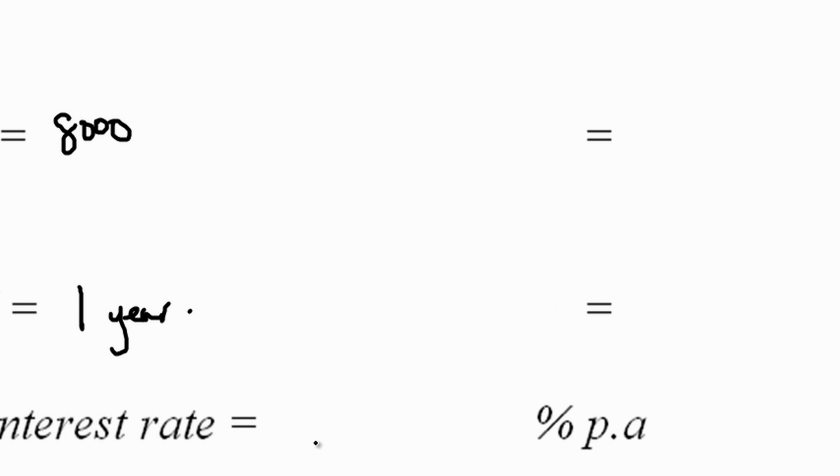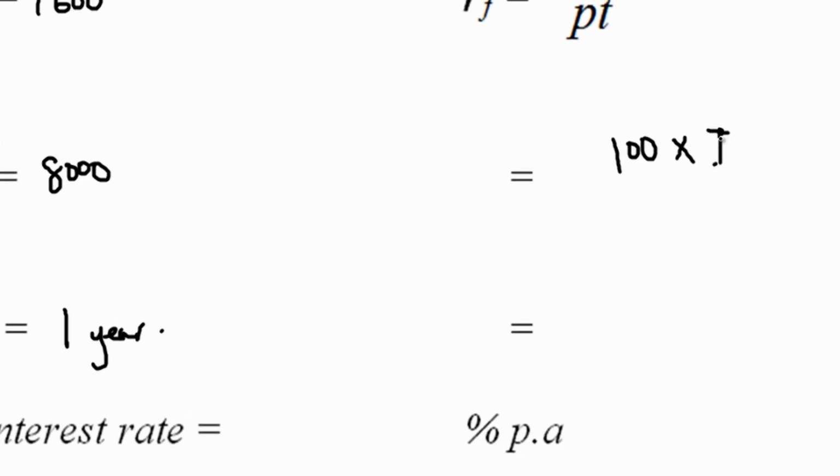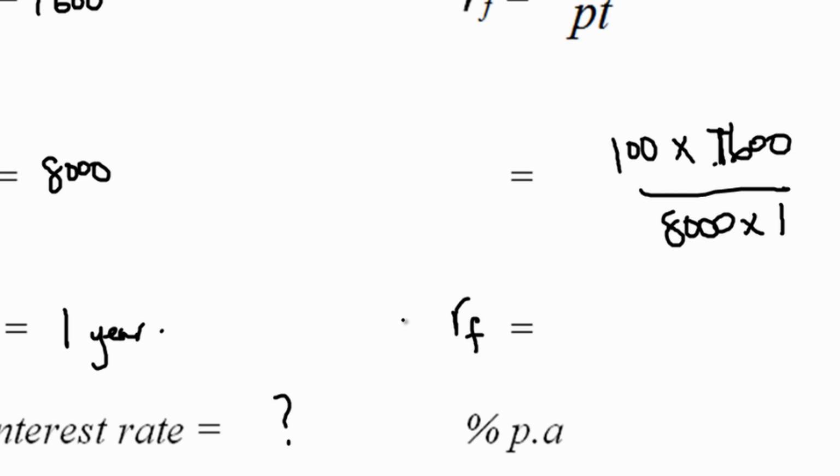Filling in our rule, we've got 100, because Rf is what we need to find, so we've got 100, times I, our interest being $1,600, and our P was 8,000, and our T was 1 year. Working that out, using our calculator of course, we get an interest rate of 20%. So we've got 20% per annum. That's the interest rate. That's the flat rate of interest.